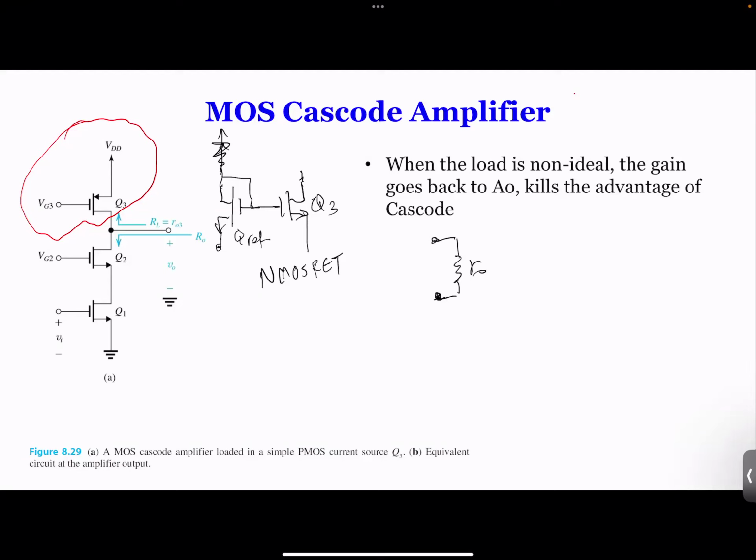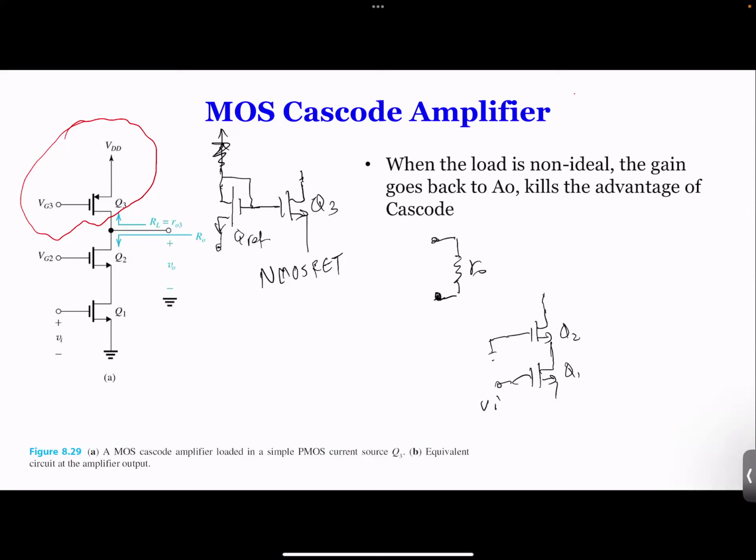Okay, so if we have that equivalent resistance, the equivalent circuit of this one can be drawn as here. I'm going to redraw the circuit. If you look at this one here, Q1 is the same, and Q2 is going to be a ground for small signal, and Q2 is the same as before.